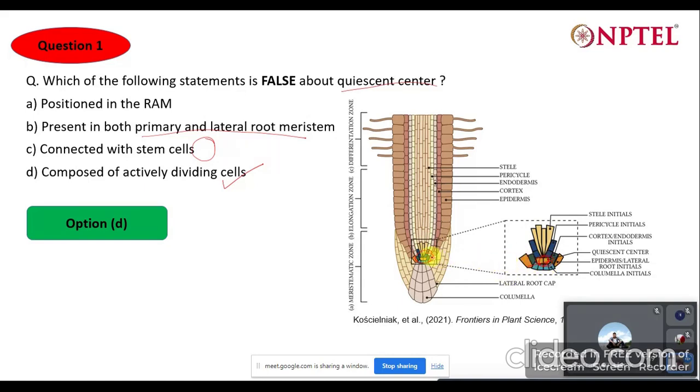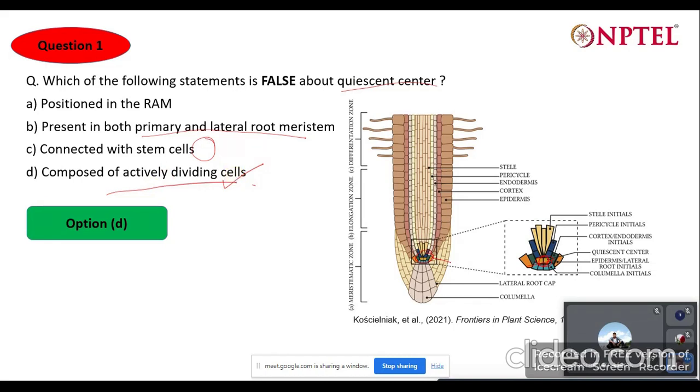This region is also present in the primary as well as lateral root meristem, so it is connected with both the stem cells responsible for primary growth and lateral root growth. So the answer is that it does not have the actively dividing cells.